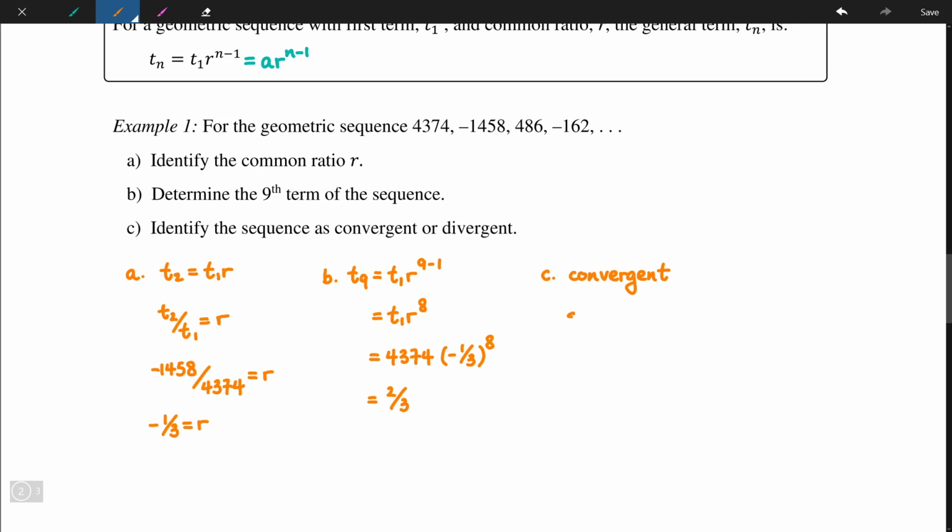So since the absolute value of r is less than 1, the magnitude of the terms will become smaller and smaller as we go. In other words, a geometric sequence is divergent if the absolute value of the common ratio is greater than 1.